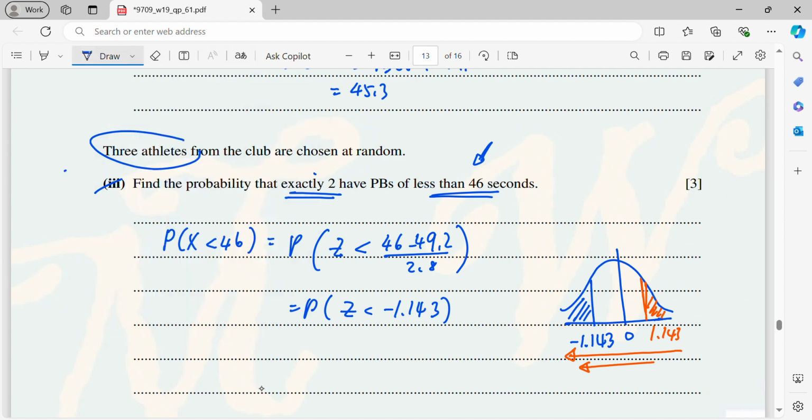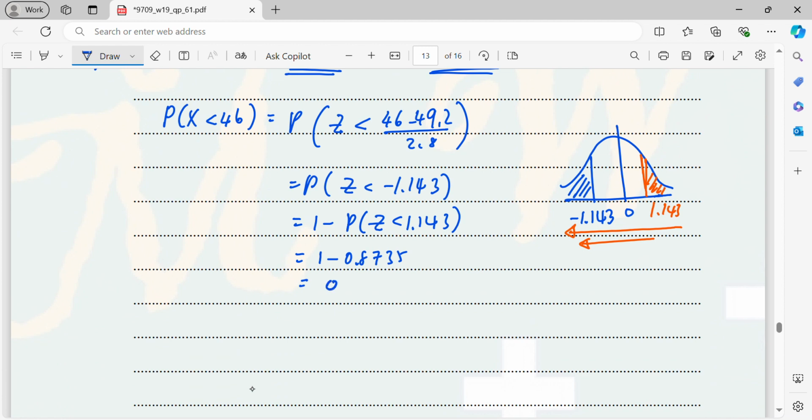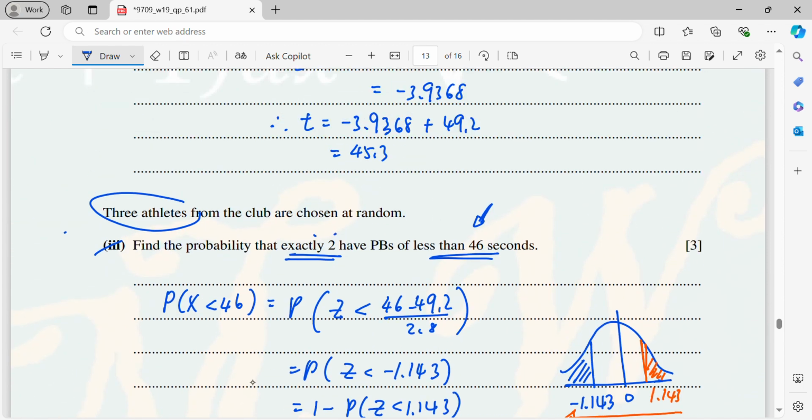So that is going to be 1 minus P(Z < 1.143). Now read the probability from the table. That is going to be 0.8735. Now you will be getting 0.1265.